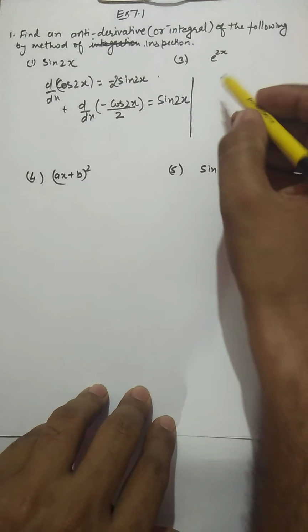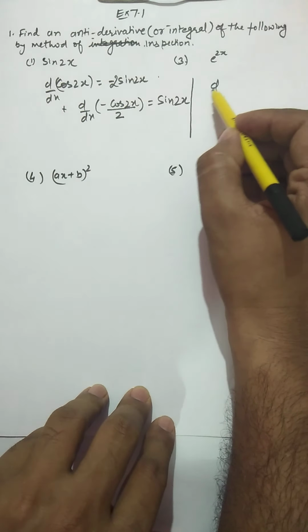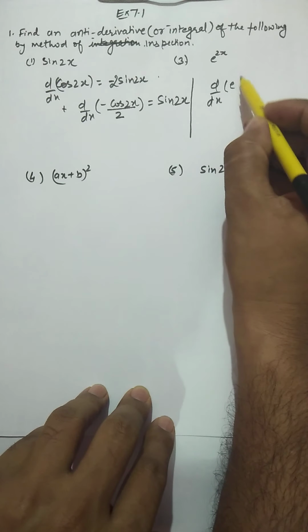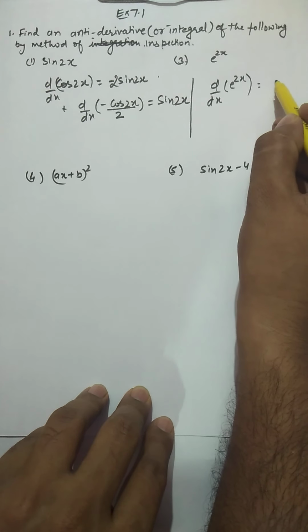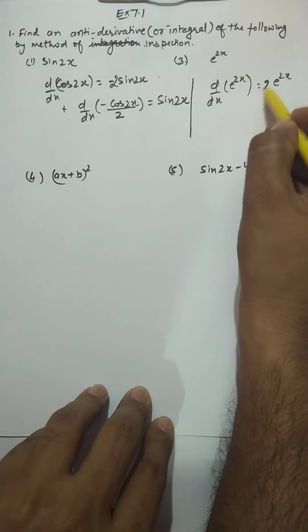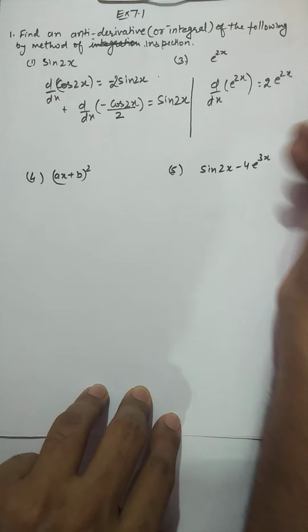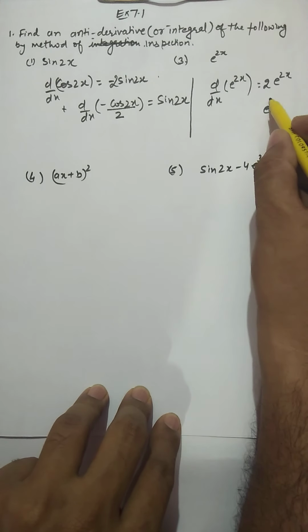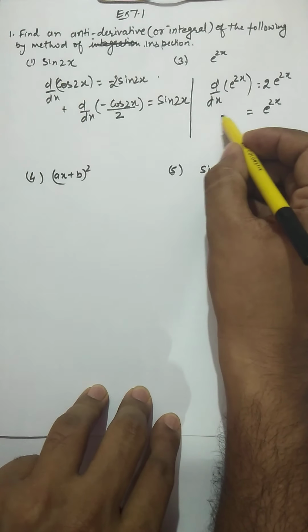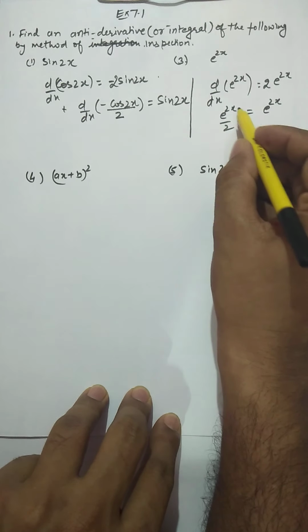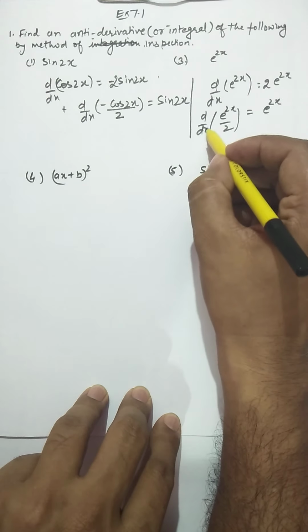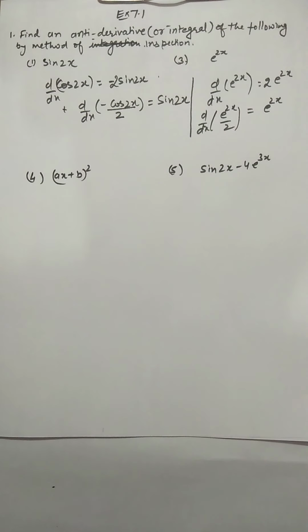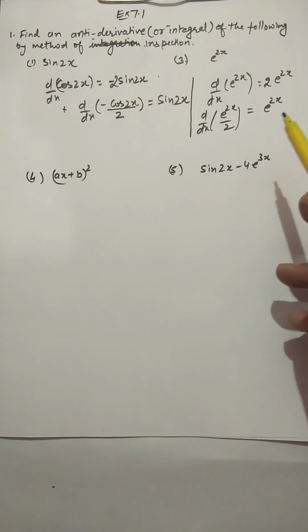So e2x, if I differentiate d by dx e2x, then my answer is going to be e2x, and you apply the chain rule, then you are going to get this. So you can write e2x by 2, and if you differentiate e2x by 2, you are going to get e2x.